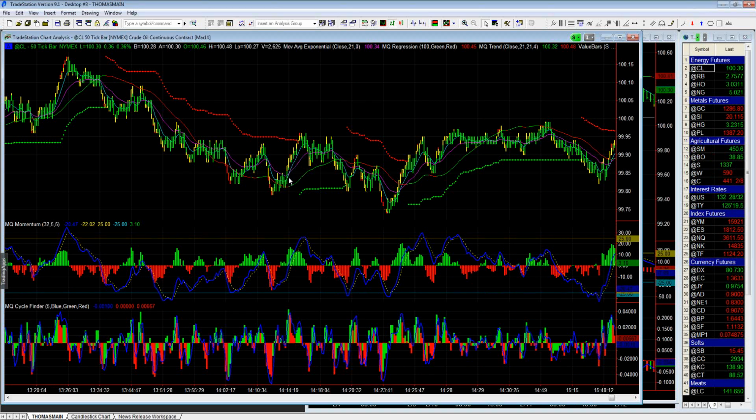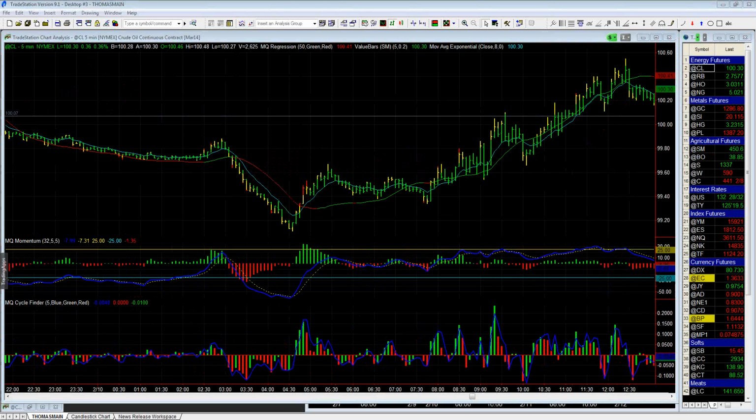What you are following is your MQ regression. So let me actually pull up a new chart so we can see this a little easier instead of having all the other indicators on there.